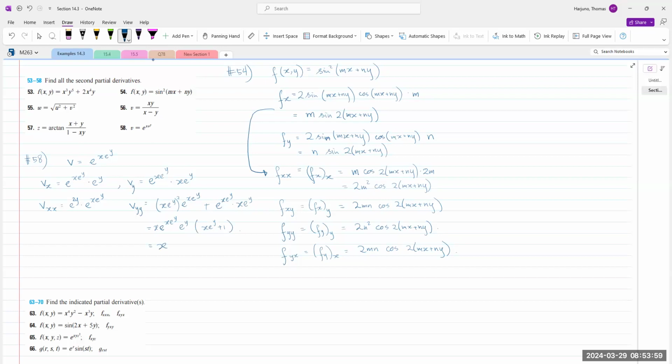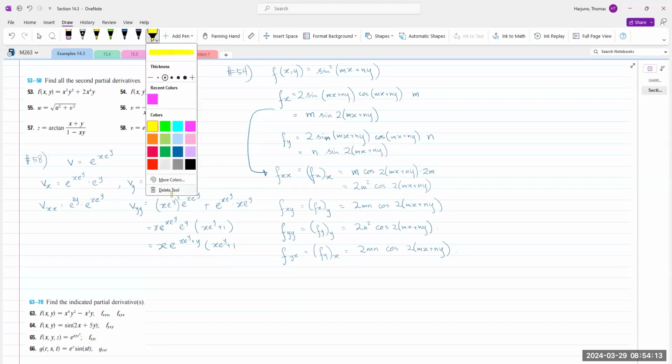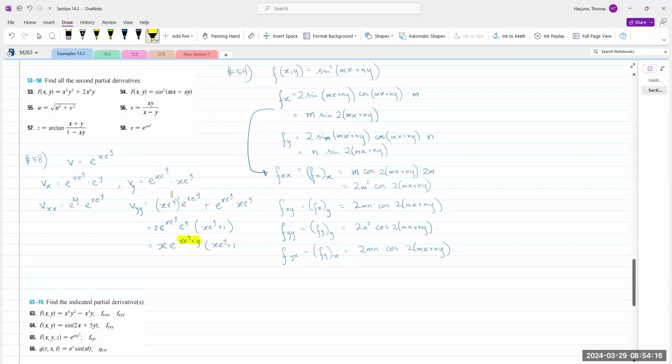This is x e to the x e to the y plus y times x e to the y plus 1. Mind you that what I had here is actually an exponent, together as an exponent, while the one here is e to the x e to the y plus 2y, right?